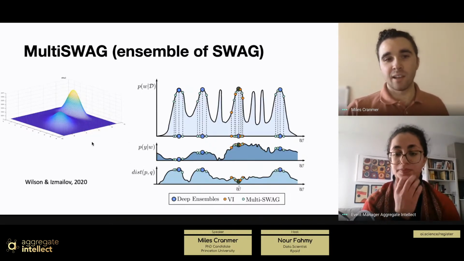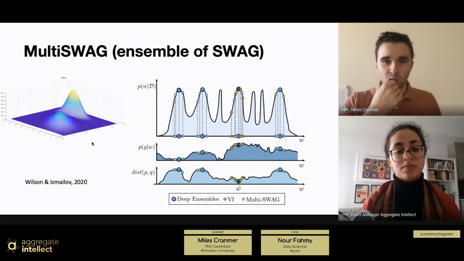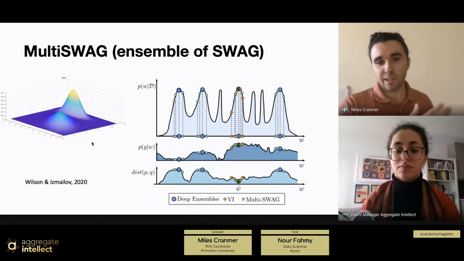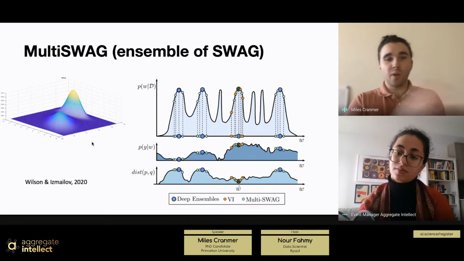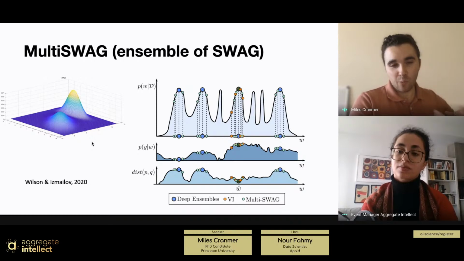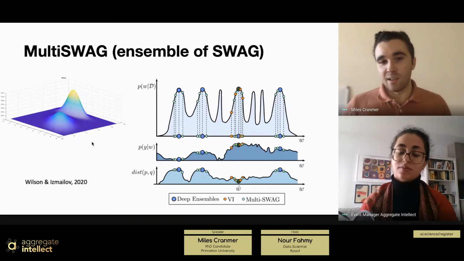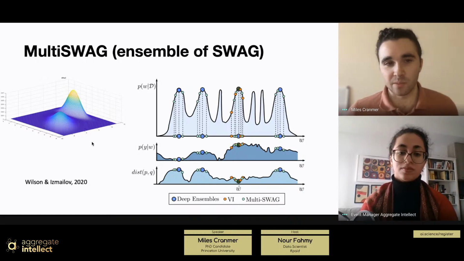I think we use 30 initial conditions, so we have 30 times longer training. But you don't have to do a hyperparameter search for that. You do the hyperparameter search on your normal model, and once you've found the best parameters, then you do MultiSWAG for the final case. It'll be maybe 30 times longer training because you need to train 30 more models, but I think that's manageable.